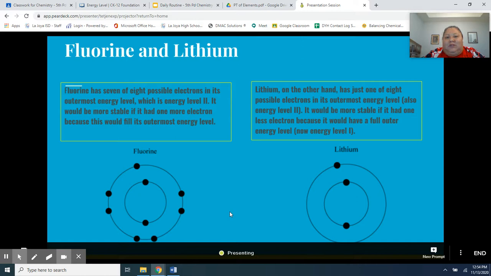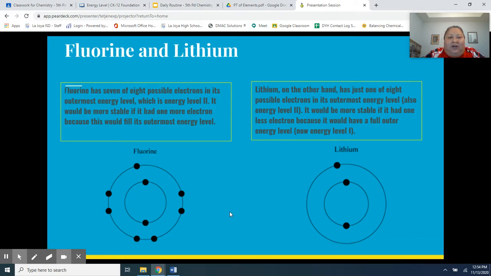So let's talk about some elements. Let's talk about fluorine and lithium and their valence electrons. Fluorine has 7 out of 8 possible electrons in its outermost energy level, which is energy level 2. It would become more stable if it had 1 more electron because it would fill energy level 2.